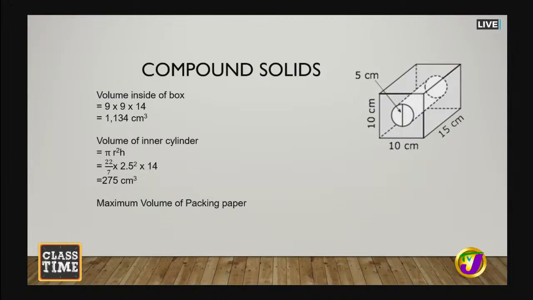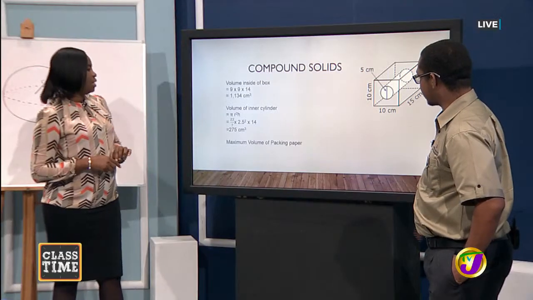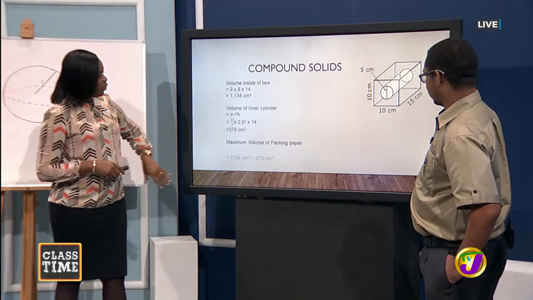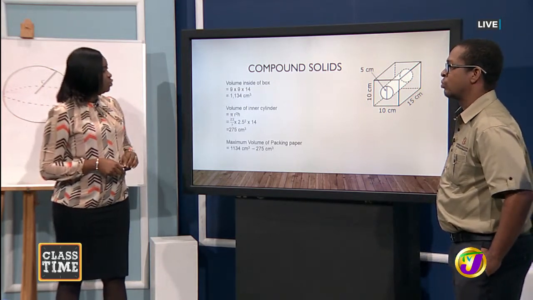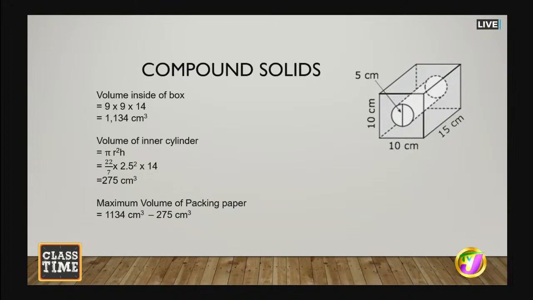So we have to be careful when we read our question, because it's not all the time we're going to be adding. Sometimes we'll need to subtract, but we still work with the volumes of the different decomposed components. When we find the difference between the two solids, the maximum volume of packing paper would be 859 cubic centimeters.